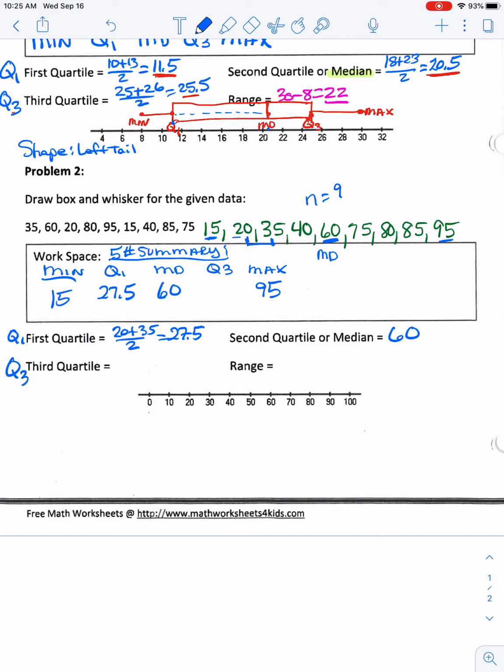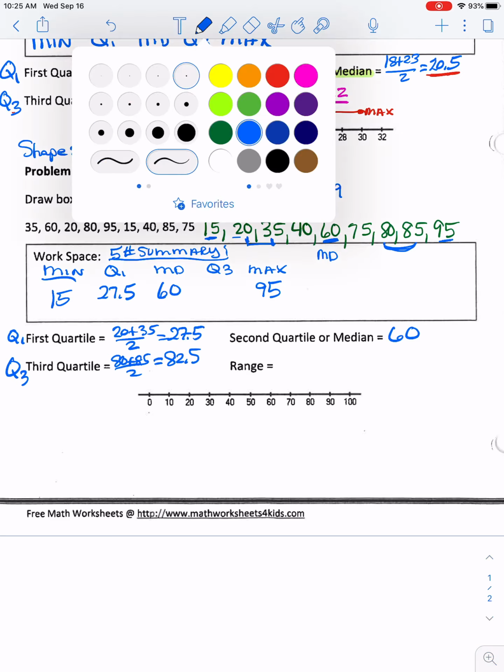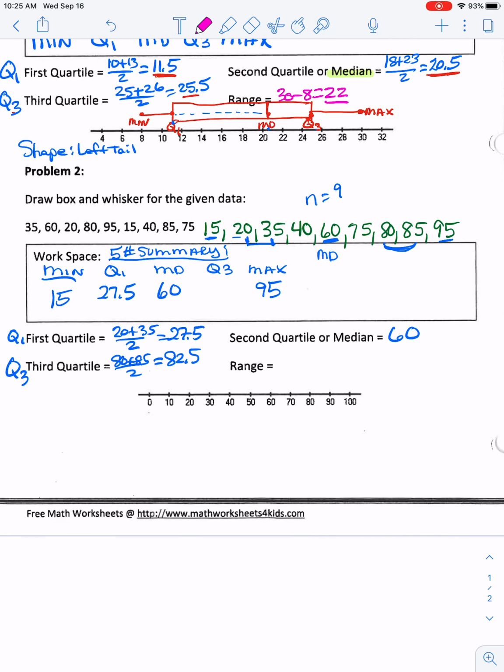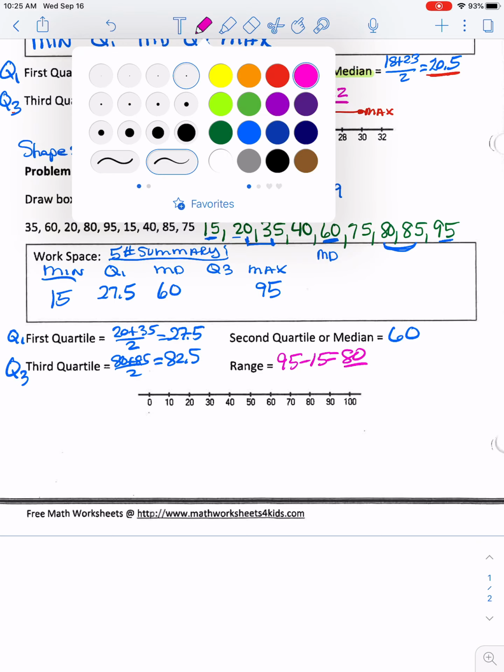Q3 should drop in over here. We're between 80 and 85, so 80 plus 85 divided by 2 should give us 82.5. And so as not to miss out on our range this time, max to min, 95 to 15, or 80 is our range.